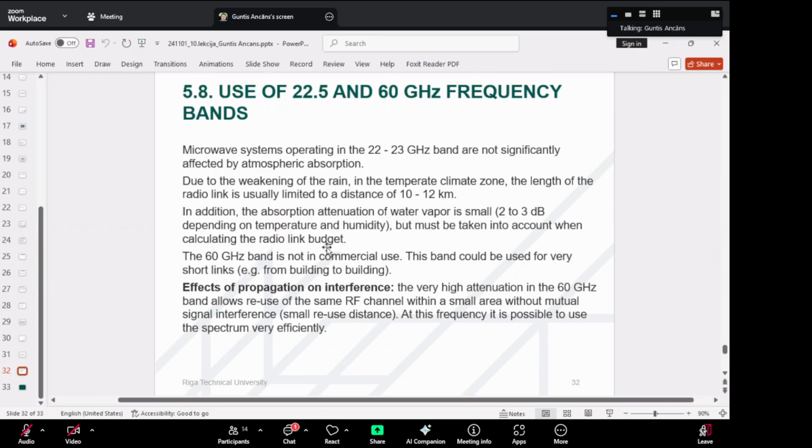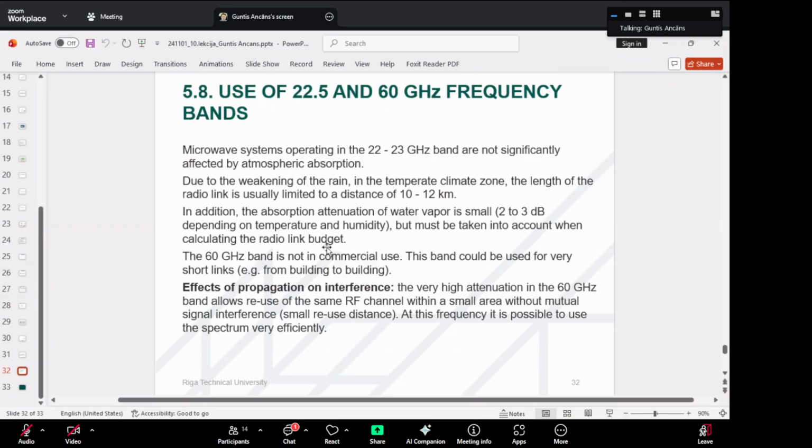This is a positive property of this phenomenon. At this frequency, it is possible to use the spectrum very efficiently.